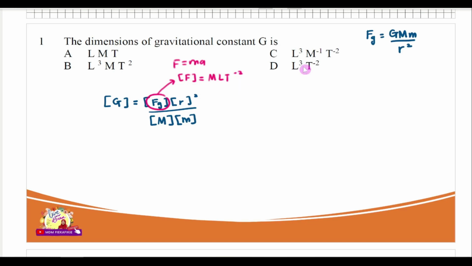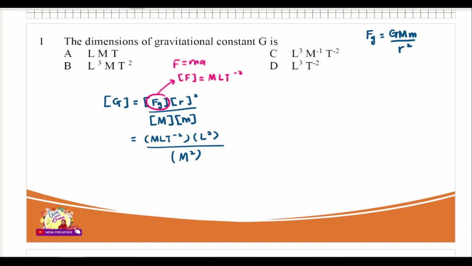Okay, so now we can write dimension for force is equal to MLT negative 2, and dimension of R, distance between two masses, adalah L. Okay, so kita ada squared, so L squared over dimension for the mass is M. Kita ada dua sini, M besar dan M kecil. So we're gonna have dimension for both masses is M squared.